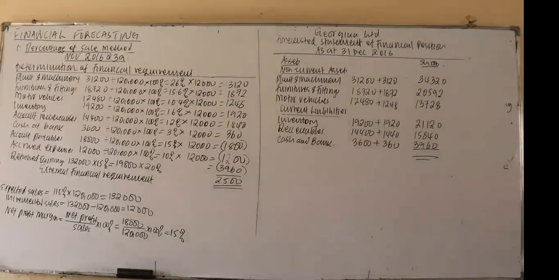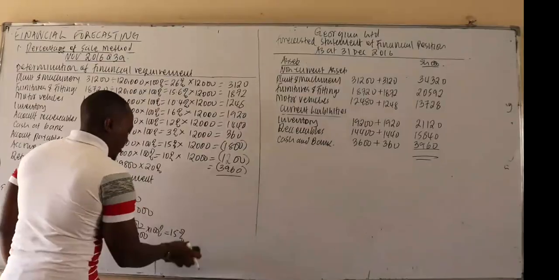Yes? The external financial requirement. Yeah, this is 3,000.